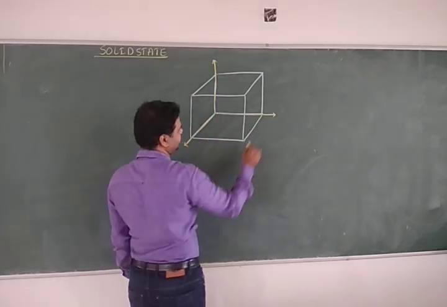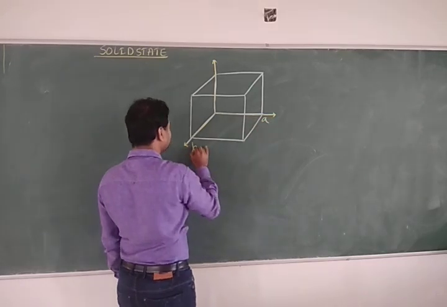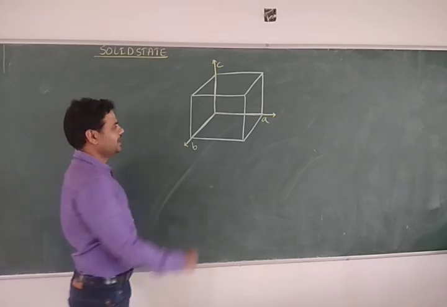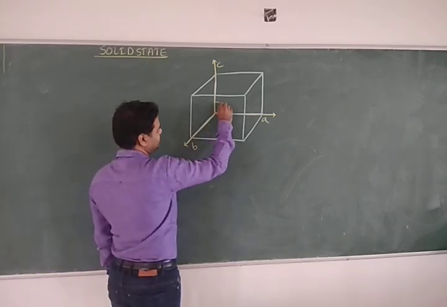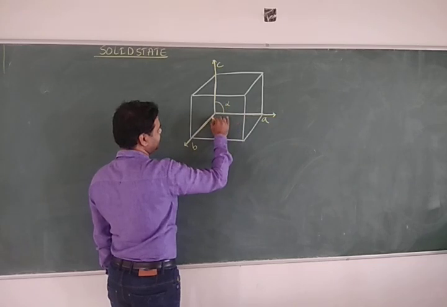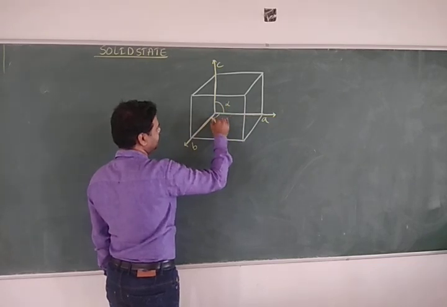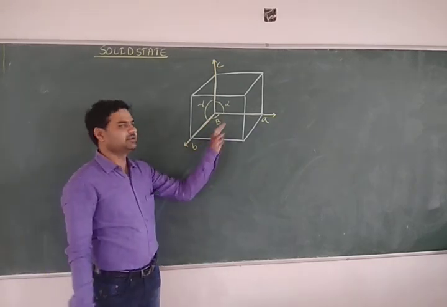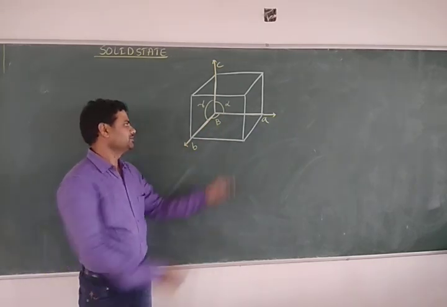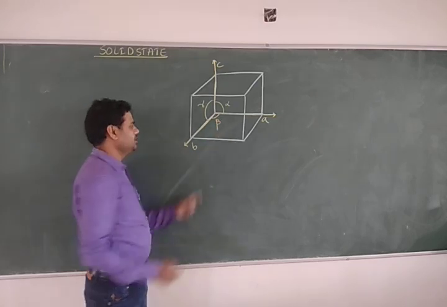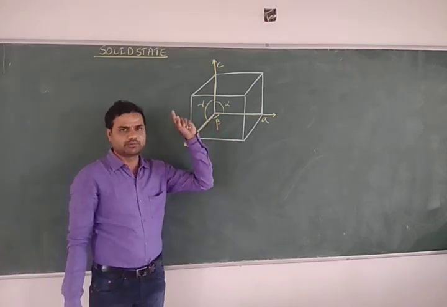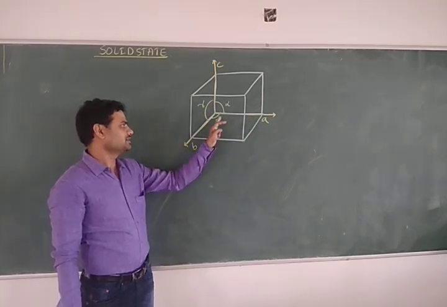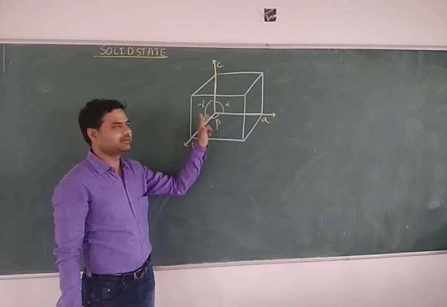These are the axes you can take: A, B and C. Is it clear? Now the angles between the axes we take are alpha, beta and gamma. Otherwise we can take X, Y, Z, no problem. But here these are the three axes A, B, C, and the angles between the axes are alpha, beta, gamma.